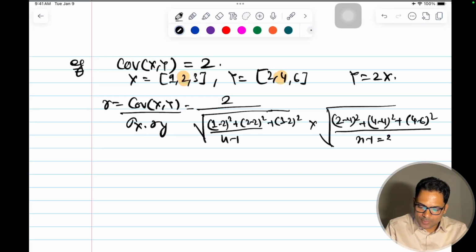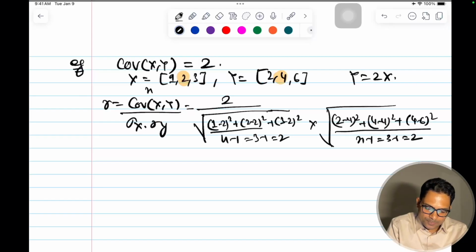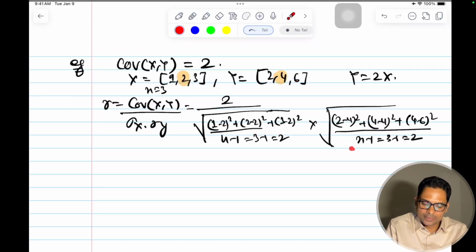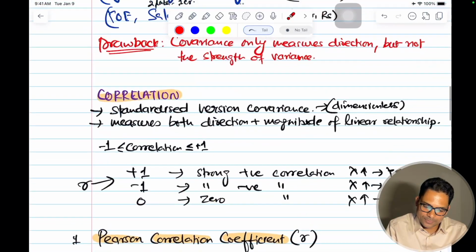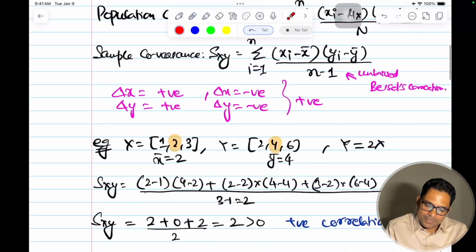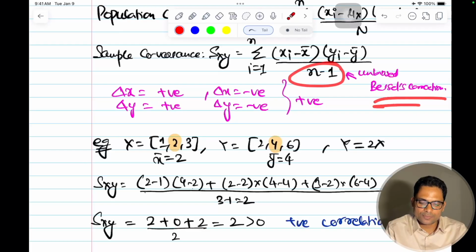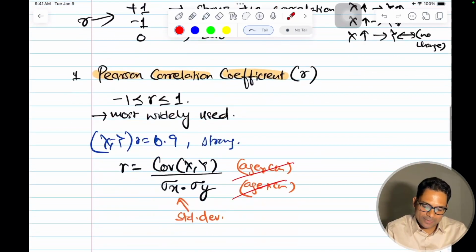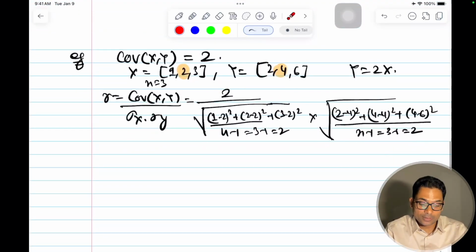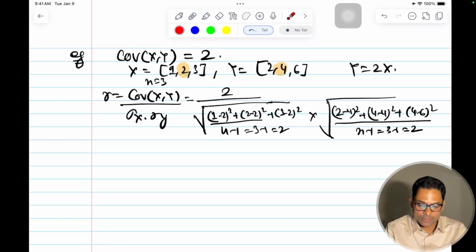We have 3 data points, so n is 3, and n minus 1 is 2. This is the unbiased estimate, Bessel's correction, n minus 1. The same thing we'll use for the covariance and for the standard deviation also, because that is the square root of variance, and variance also has the correction factor of 1 by n minus 1 instead of n.